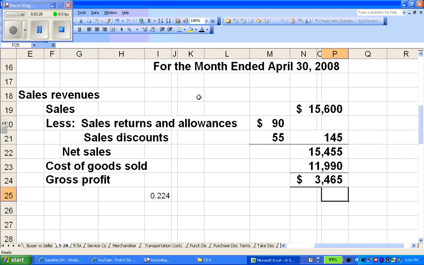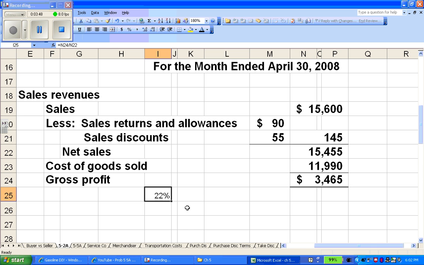So I get a percentage here of 22.224. If I multiply that by 100, or what I can do is use my percentage up on the toolbar here, and there's my gross profit ratio of 22%.